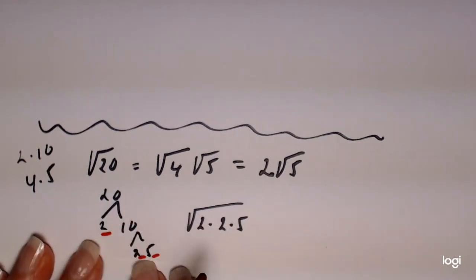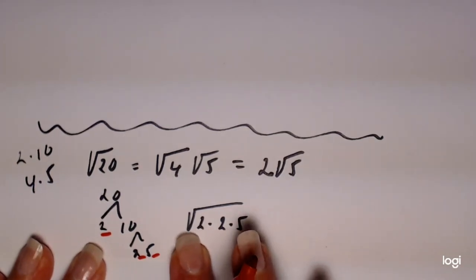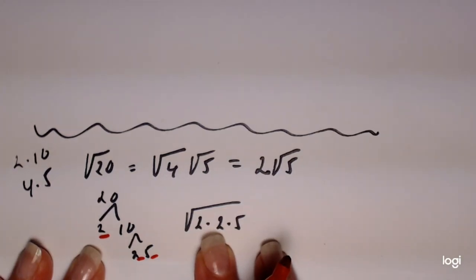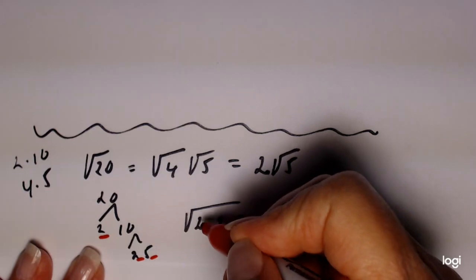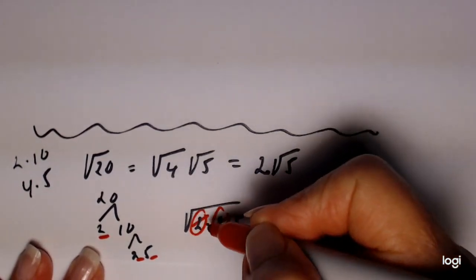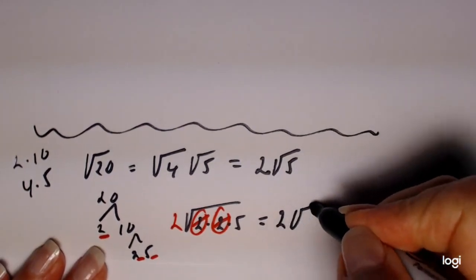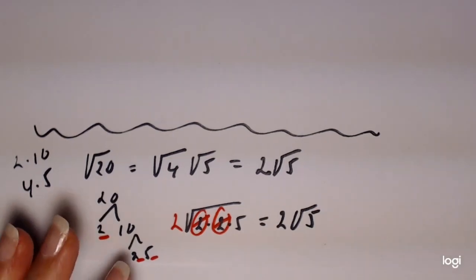This process of factoring is the same. What's different here is how many of the same factor we need underneath in order to pull one out. For square roots, we need 2 identical factors underneath the radical in order to pull one out. So we have 2 and 2. I'm crossing those out because I can pull the 2 outside. So rewriting this, 2 square root 5, we get the same answer. It's just a different approach to thinking about it.